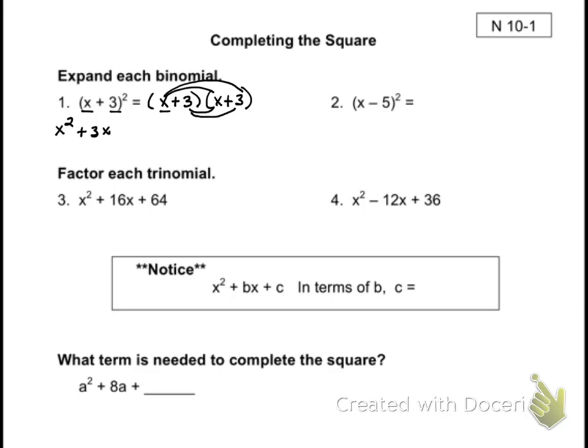So I'll have plus 3x again and plus 9. Now notice these middle terms are the same. And when I add them together, I get x squared plus 6x plus 9. And that is expanding that binomial.